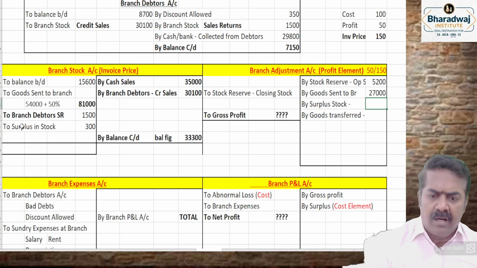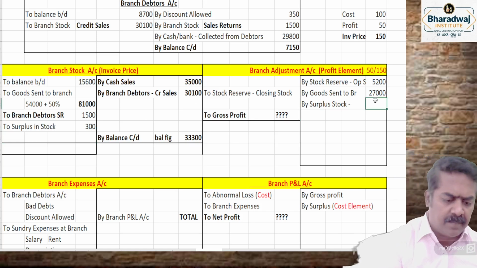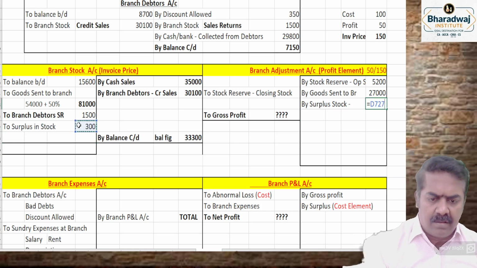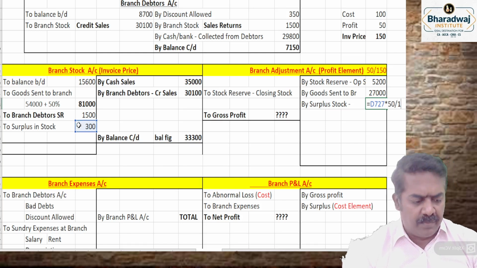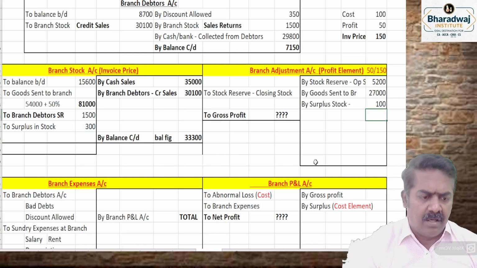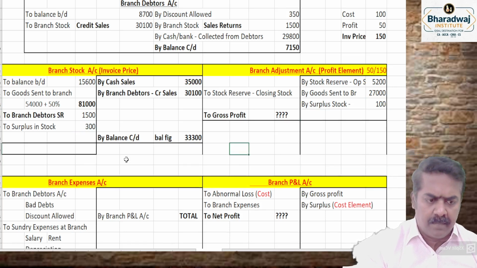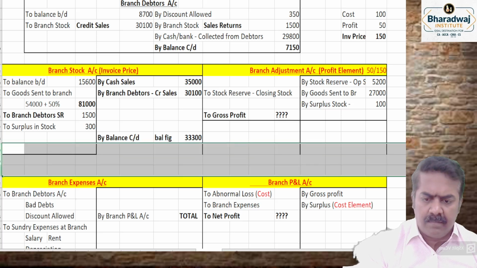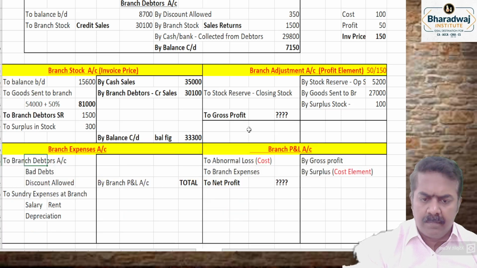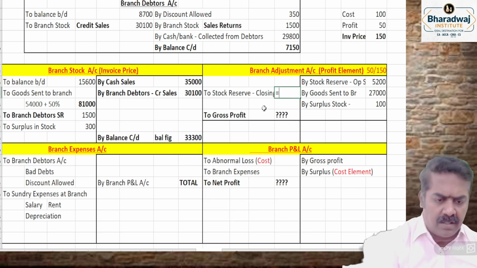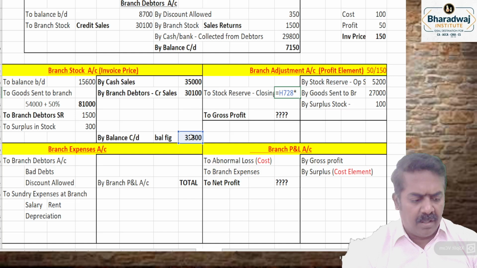Then on the surplus in stock, how much? 300 into 50 by 150. How much? 100 will be there. Then on the closing stock, 33,300 into 50 by 150.